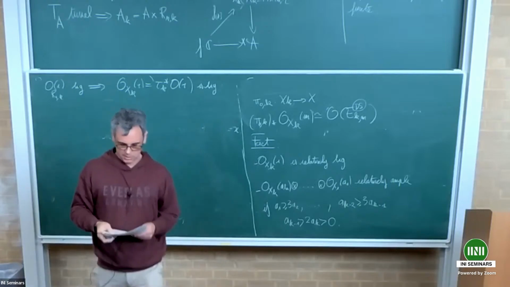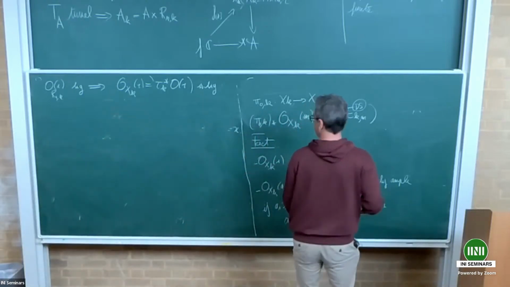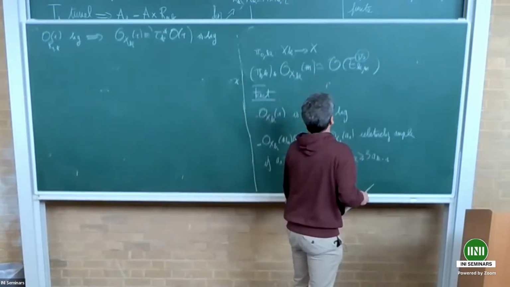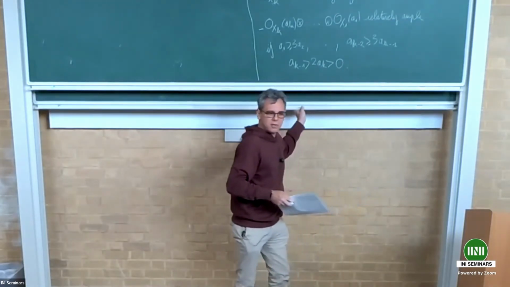Here I should be more precise: what I've denoted X_k is the Zariski closure of the lift.